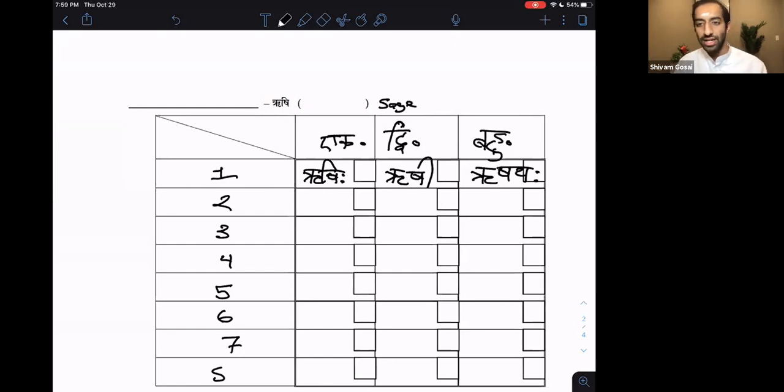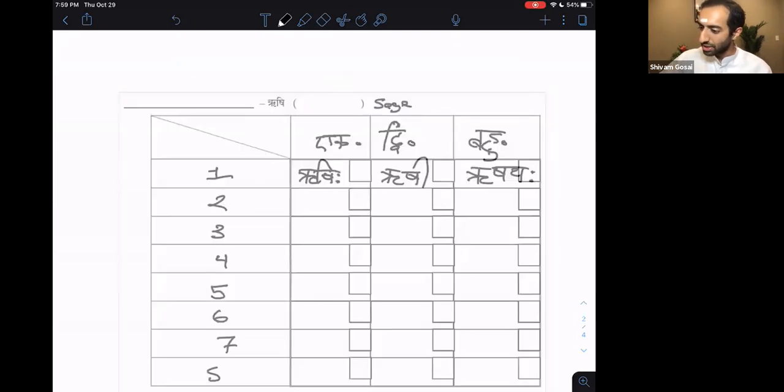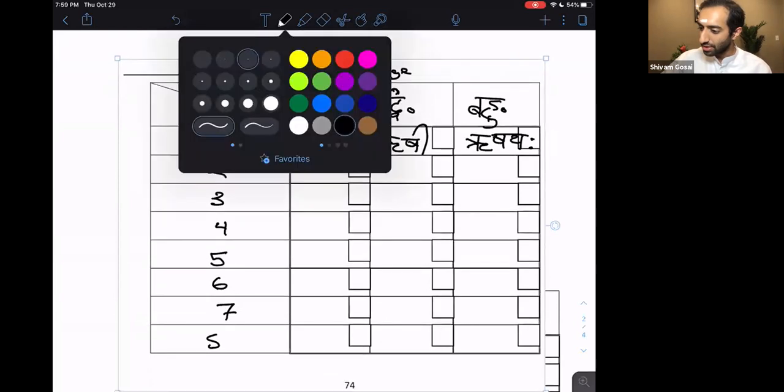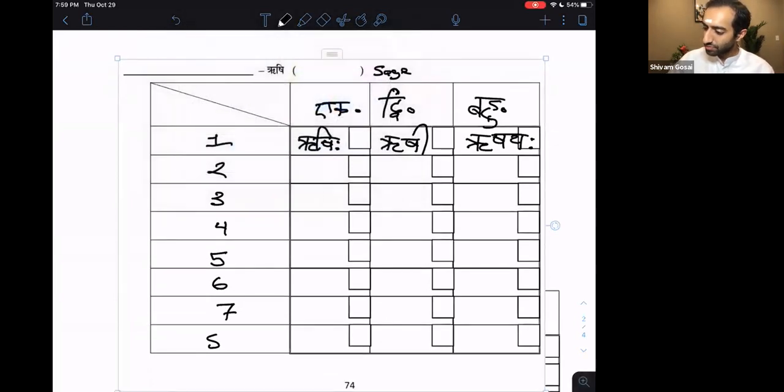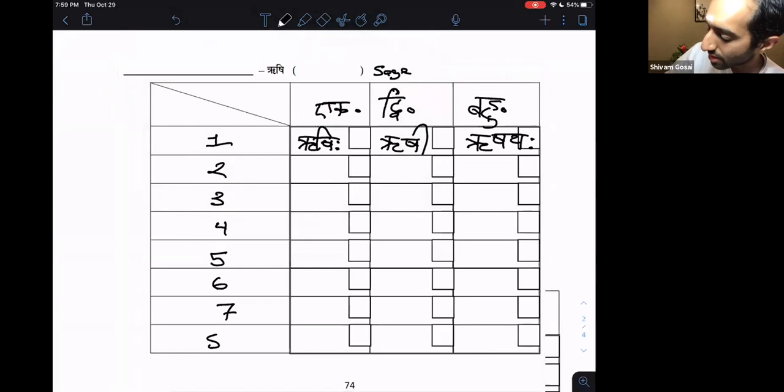So like Harihi, Hari, Harayaha. Let me make the pen a little bit thinner. All right. So then we write it together.